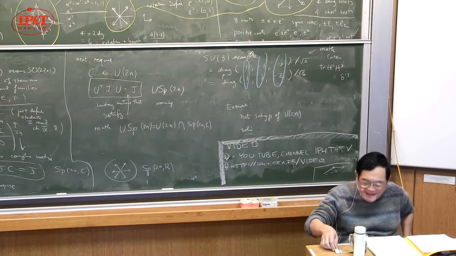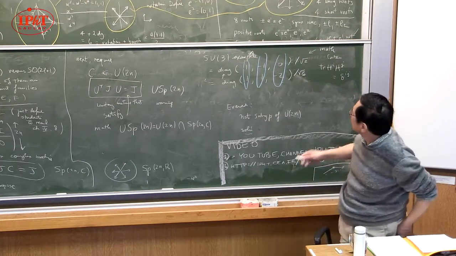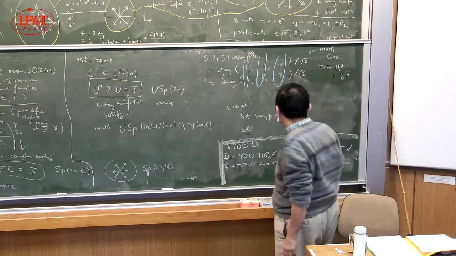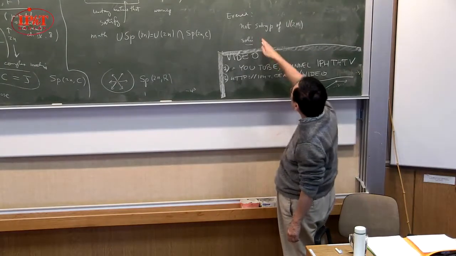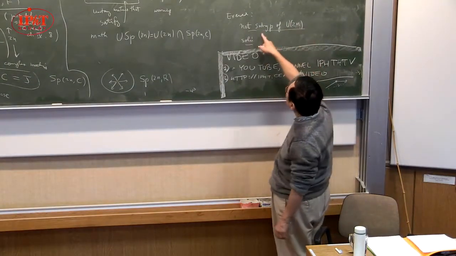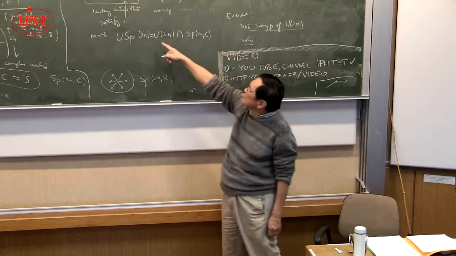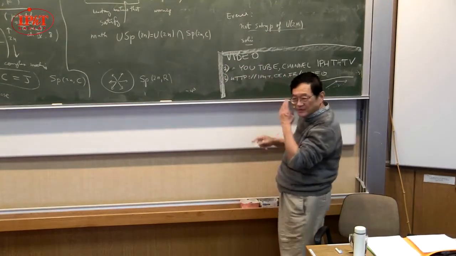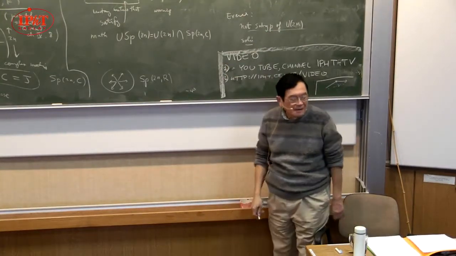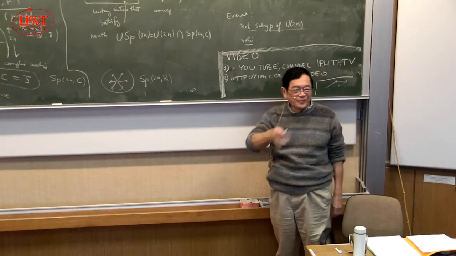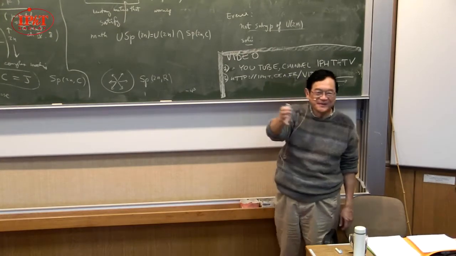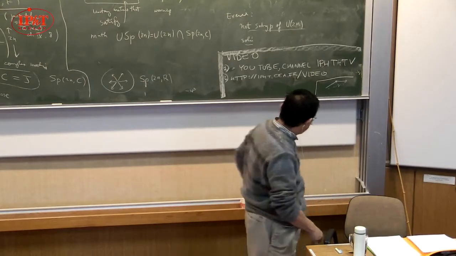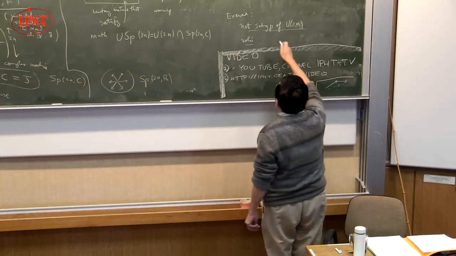So I assigned an exercise before intermission, and I asked people to prove that USp(2N) is not a subgroup of U(2N). Okay? So here's the solution. I hope that many students solved it already. Here's the solution.